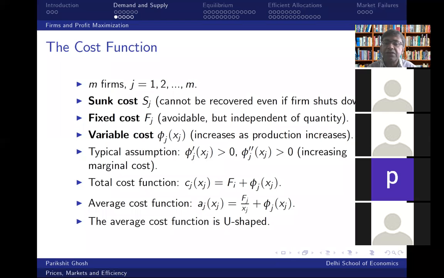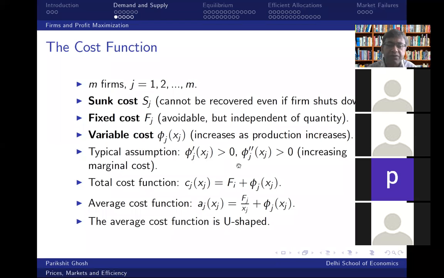We can find situations, we can explore in data, where this is not true. I'll talk more about that when we get into the details of the theory of the firm. We will investigate possibilities where marginal cost is going down because of things like what are called increasing returns. But let me not try to talk about everything at once. For now, it's not an outlandish assumption that marginal cost may be increasing.